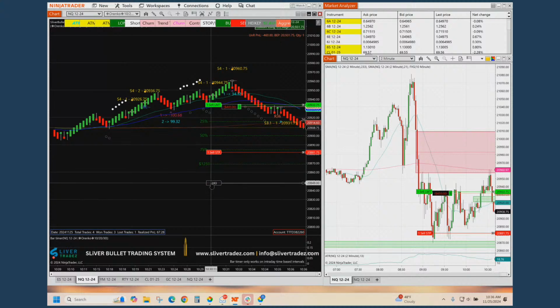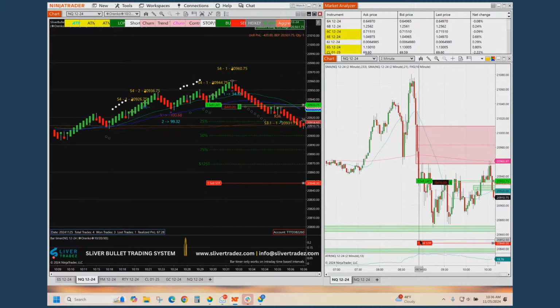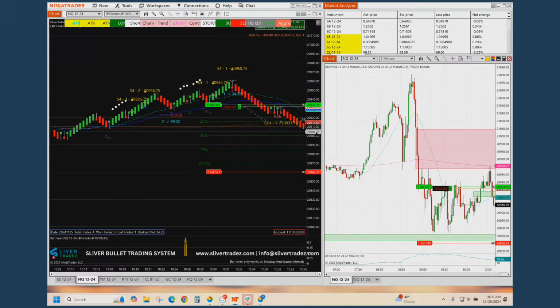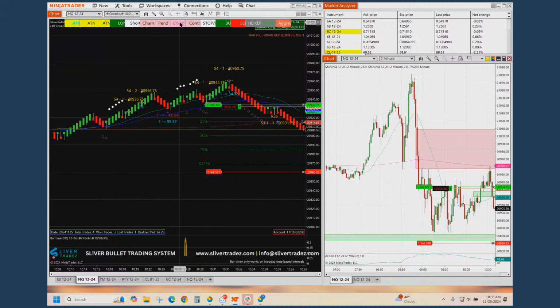I'll keep this stop behind this line. And hopefully I'll get a movement and be able to salvage this trade.